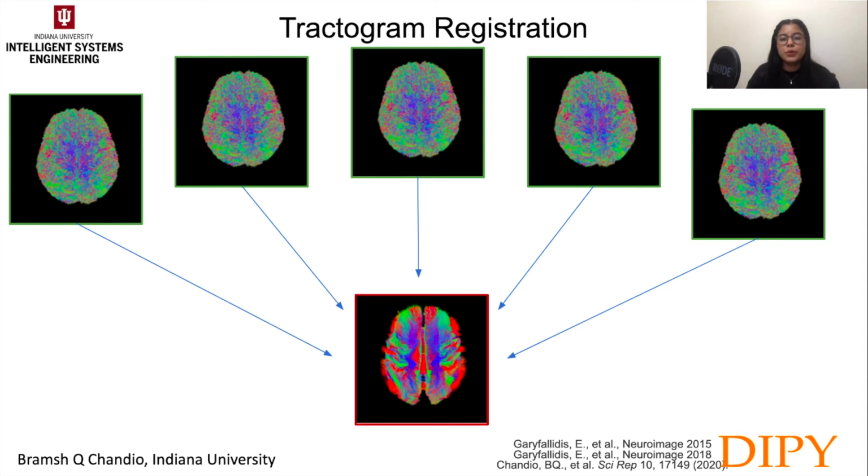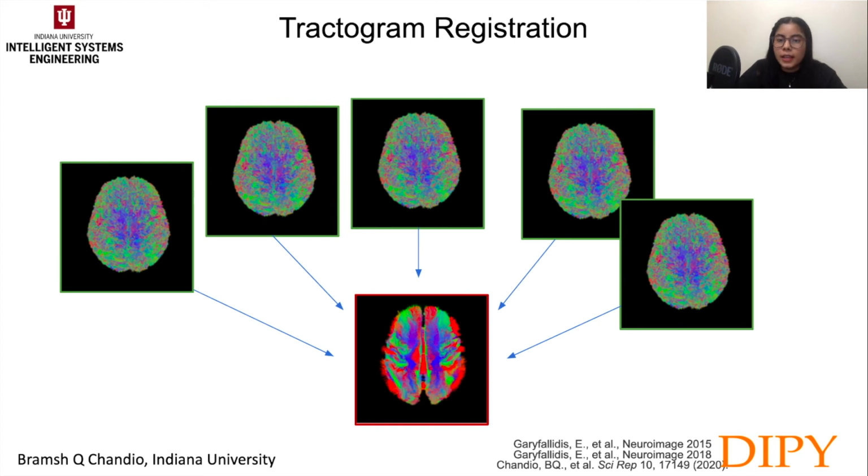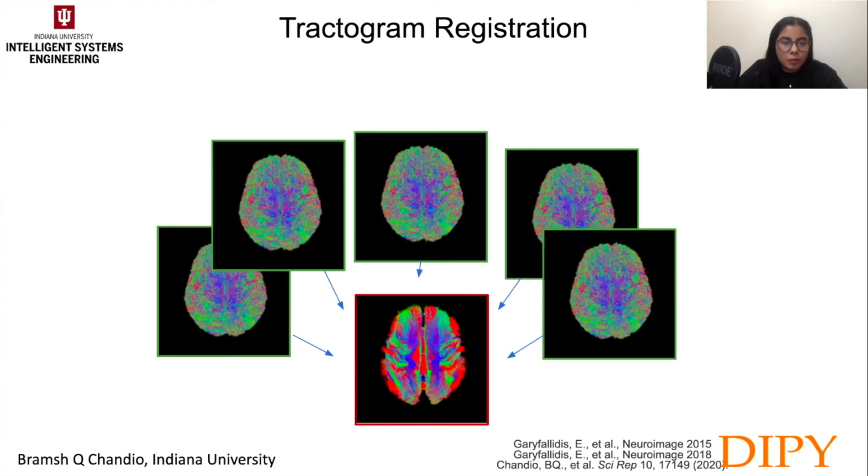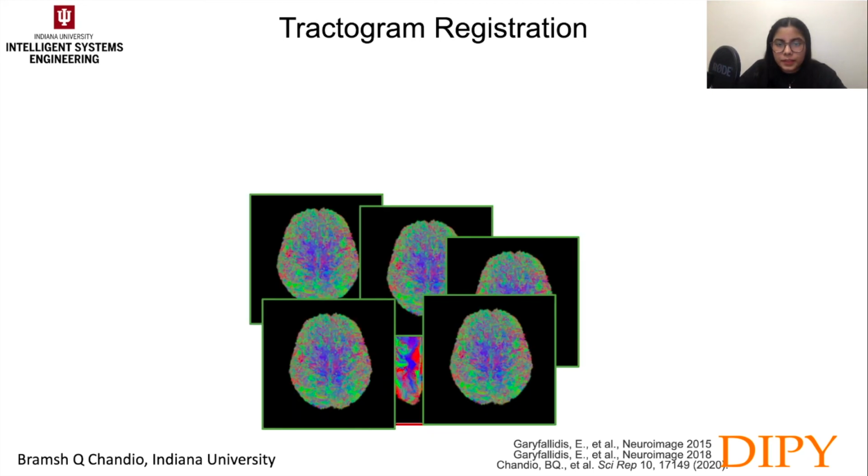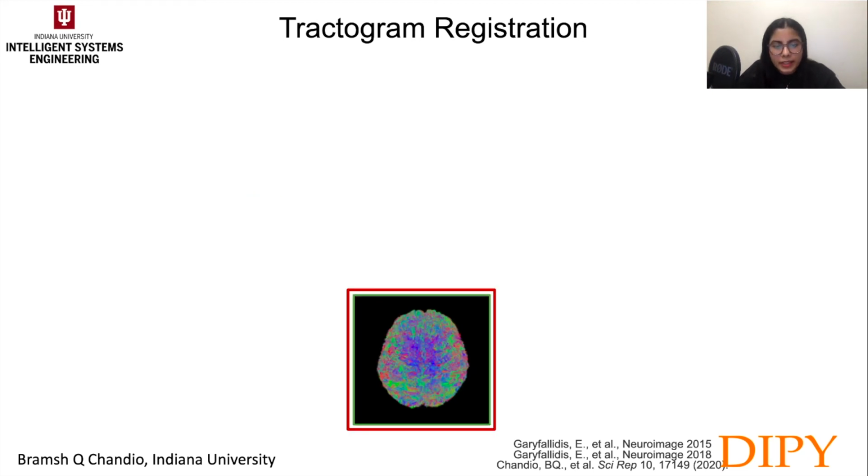But when we want to do group analysis, we want all of the subjects to be in the same space so that a specific location in the brain corresponds to the same location across all the subjects. To do so, we do streamline-based linear registration. We register all the input tractograms to the model atlas or common space. Here it is MNI space.